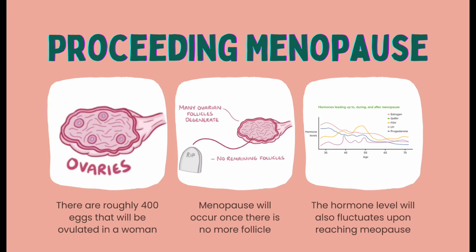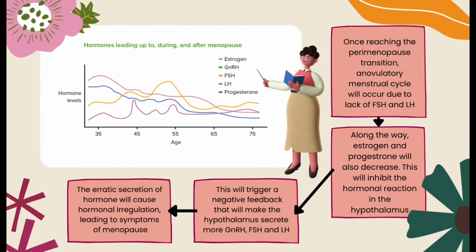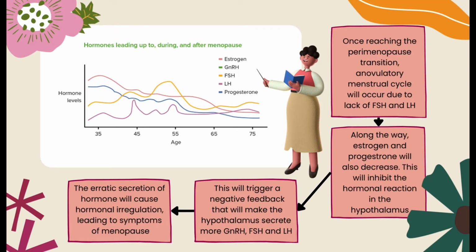Next, the hormone levels of the woman will also fluctuate upon reaching menopause. To explain in more detail about the hormone levels of a woman when reaching menopause, here is a graph of the estrogen, GnRH, FSH, LH, and progesterone hormones against the age of a woman. Once reaching the perimenopause transition, anovulatory menstrual cycles will occur due to the lack of FSH and LH.